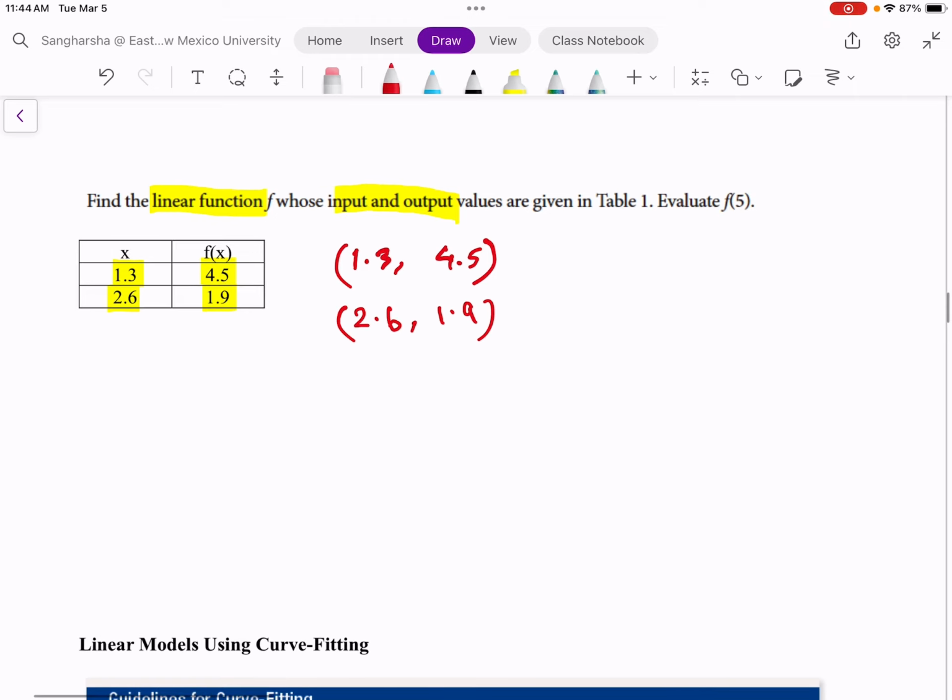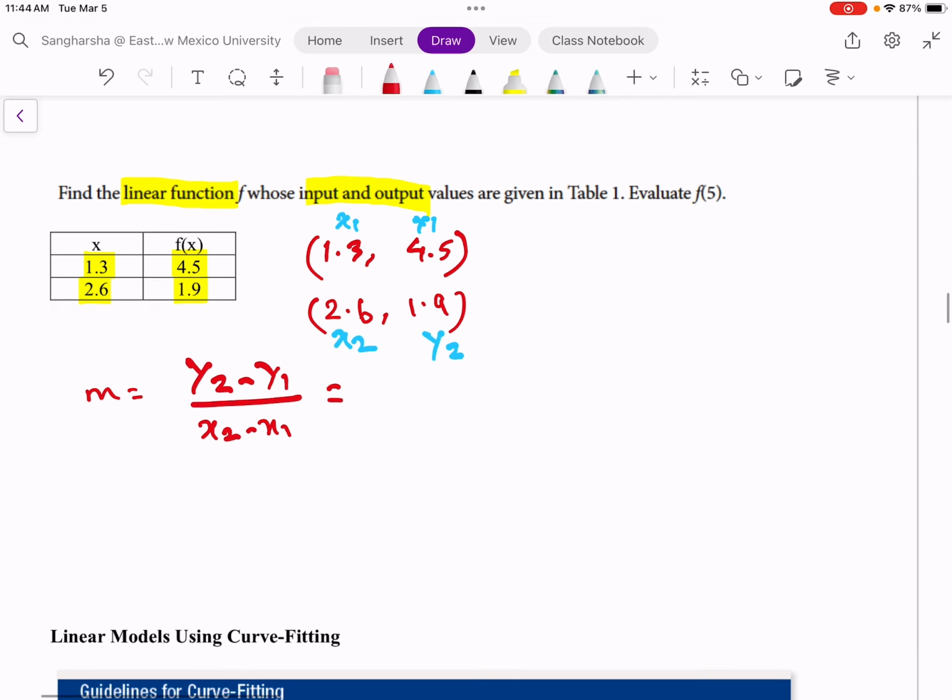Now let's find the slope. Let's call this x1, this y1, this x2, this y2, and the slope m equals, what is slope? y2 minus y1 divided by x2 minus x1. Now let's substitute.